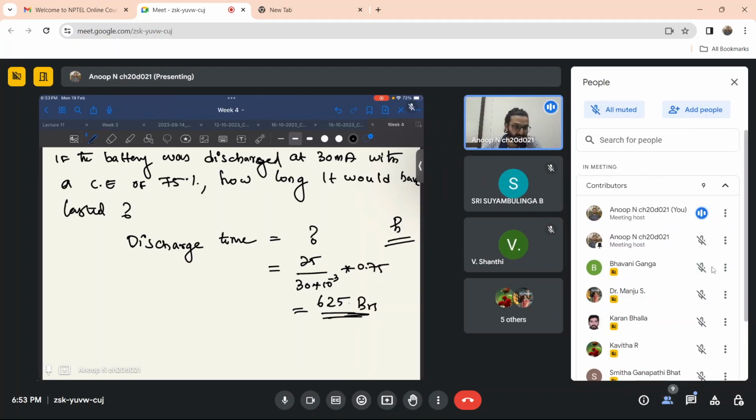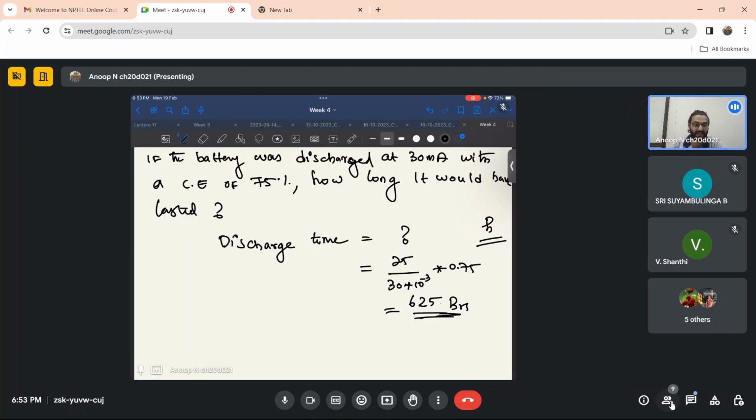I'm only seeing two or three on the screen. Karan, Kavita, Smita, is this problem clear? So it's just direct application of Faraday's law.